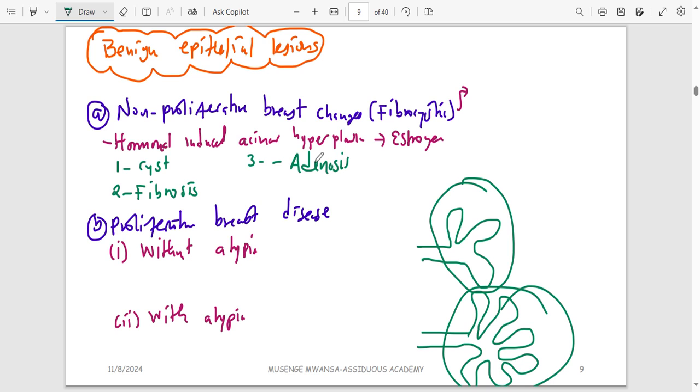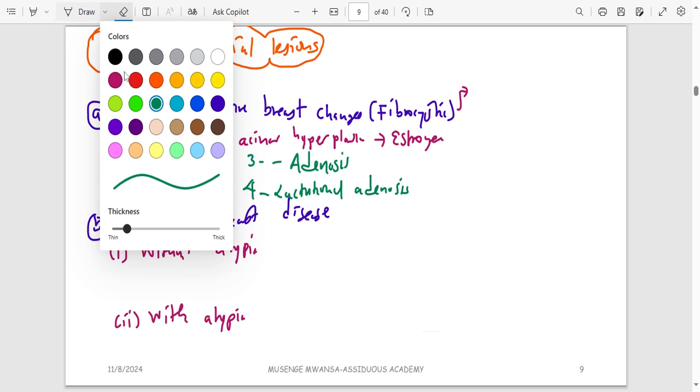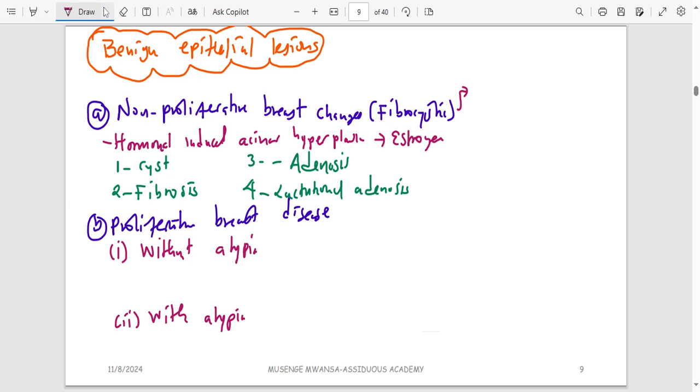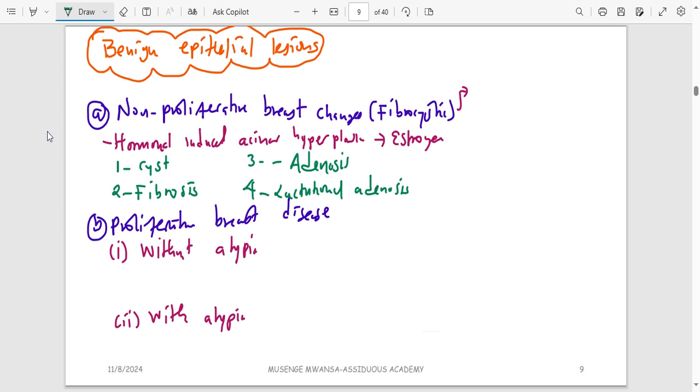Okay, so besides adenosis, we also have what is known as lactational adenosis. Again, I should mention, simply because someone has got adenosis doesn't mean that they are going to have cancer later on. It is not one of those factors that show that someone is going to have cancer, or a predisposition factor.